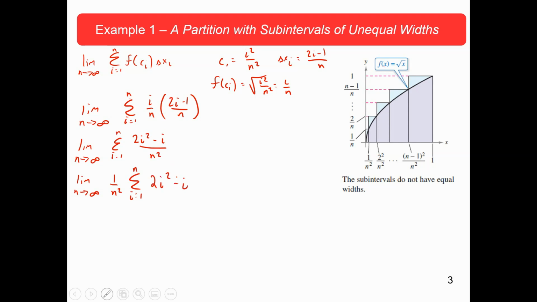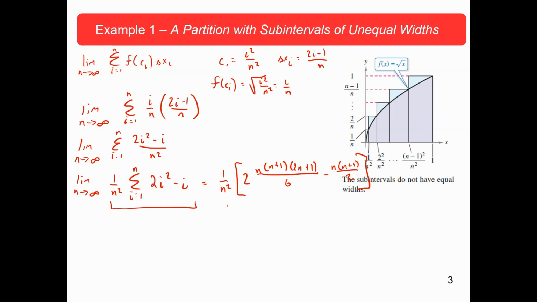Now, we're going to use our summation formulas. I'm going to leave that limit off, and I'm just going to say that this is equal to 1 over n squared times 2 times the sum of i squared, which is n times n plus 1 times 2n plus 1, all over 6, minus the sum of i, which is n times n plus 1 over 2.